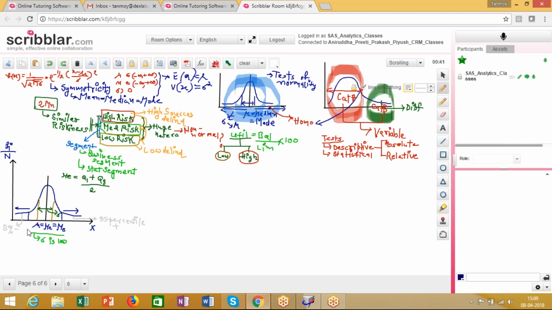So one very important characteristic of the normal distribution is that the values above the 95th percentile and below the 5th percentile remain constant, and that is why at the tails the normal distribution tends to flatten out. Clear?